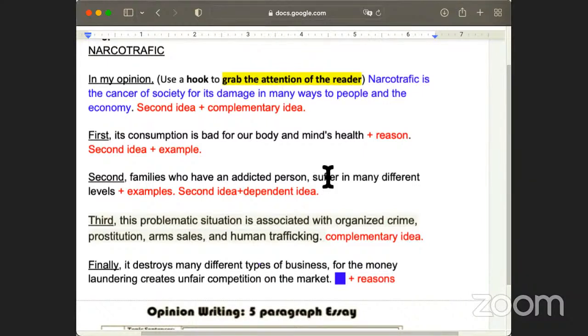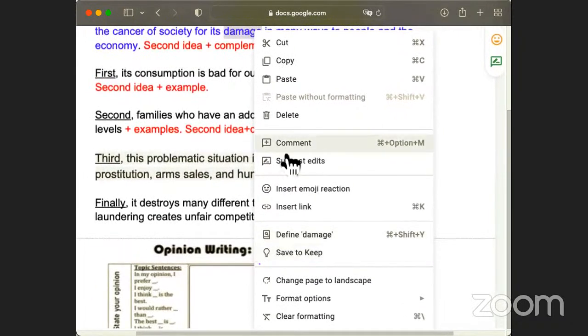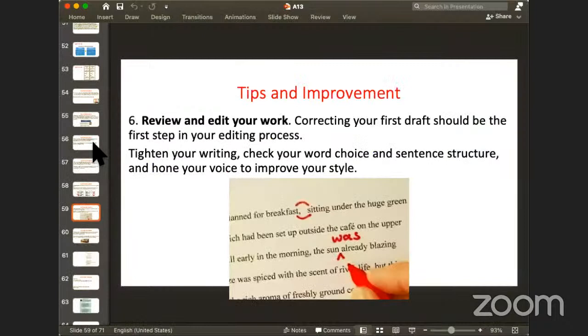So maybe you realize, oh, I'm using this word way too many times. So you can change it. You can go and try to find synonyms or other words that best explain that. So we keep reviewing and reviewing until you're happy with it. That's why this topic was talking about that: review and edit your work.